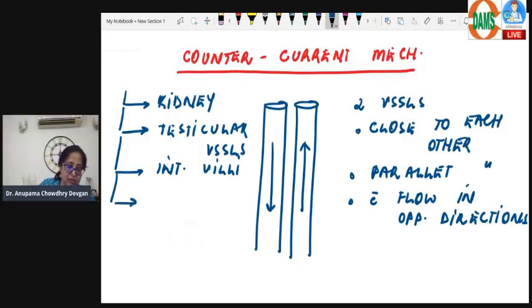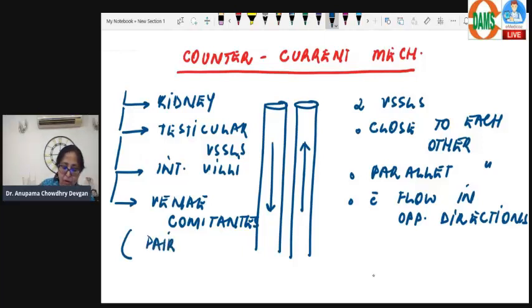You also see counter current in what is known as the veni comitantes. And what is this veni comitantes? Veni comitantes are a pair of veins which are associated with certain arteries.